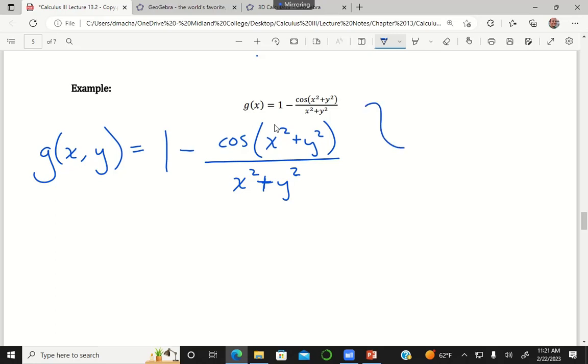So again, this is a function of two variables, so I can think of it as a surface in 3D space.